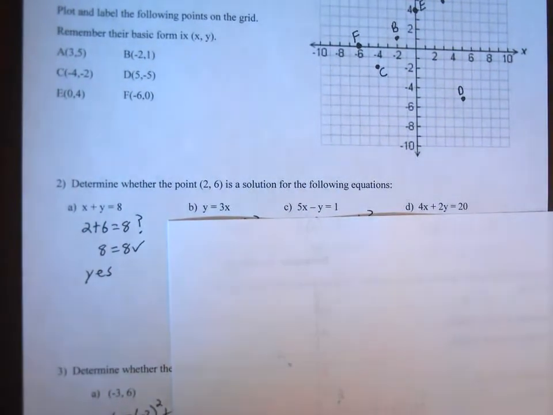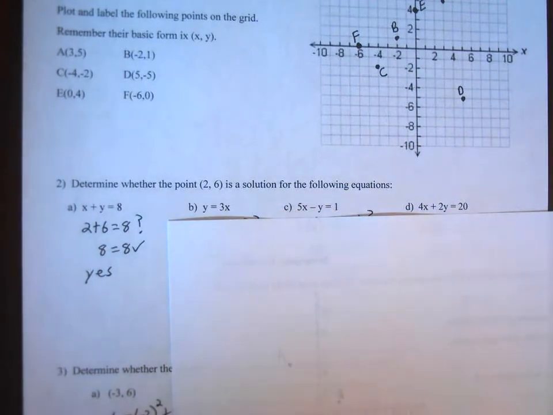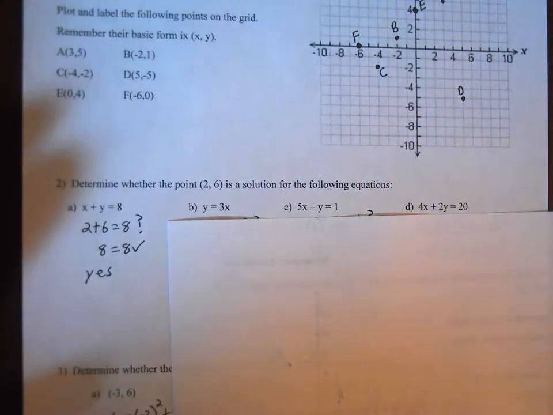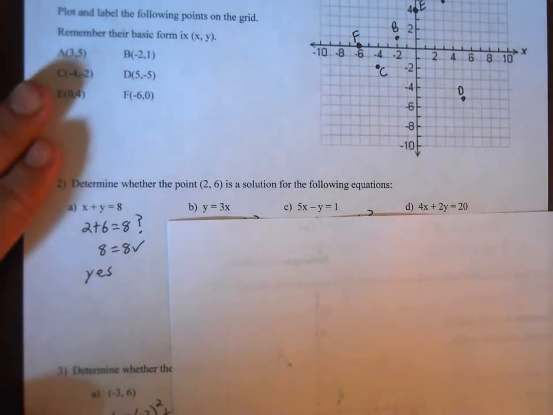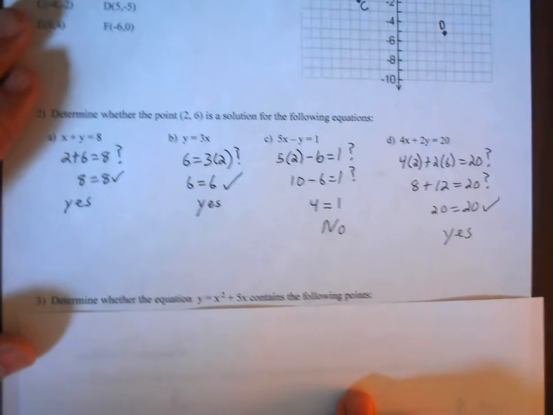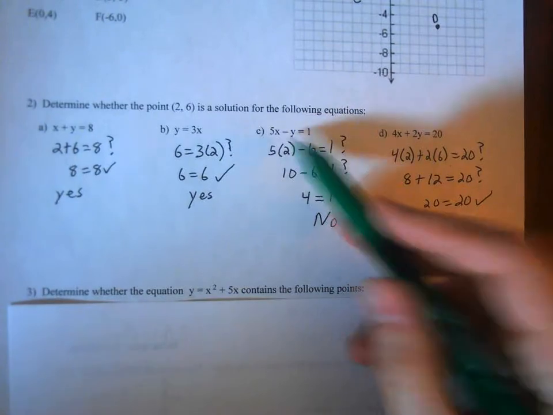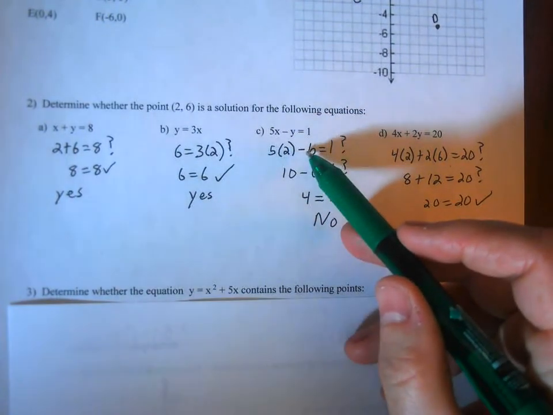Okay, so go through and substitute the (2, 6) in for x and y in each of these equations and see if it's a solution. Pause the video and I will show you the answers. Okay, so there are the answers for those. You do have to be careful when you have a minus. Some people will miss that.